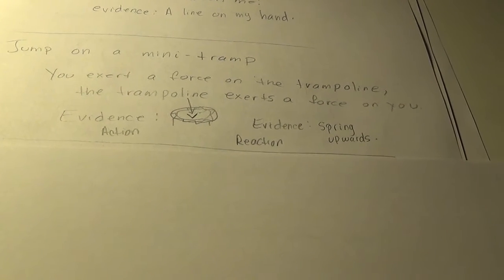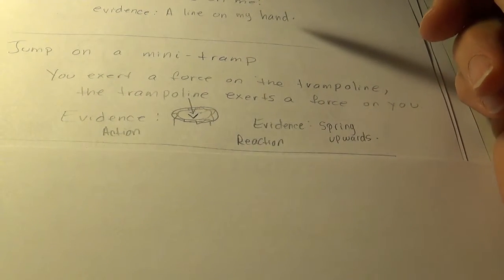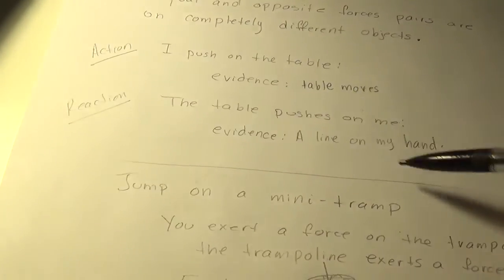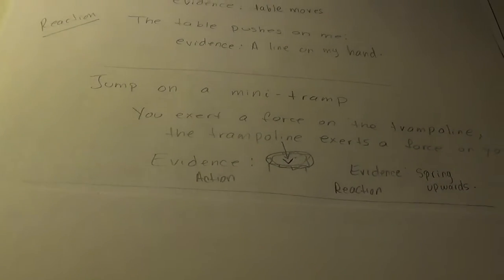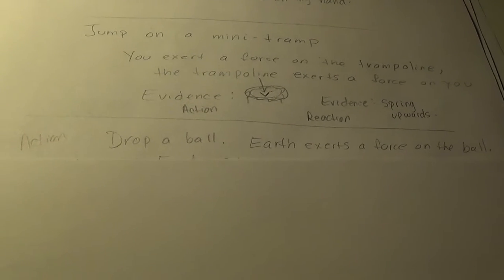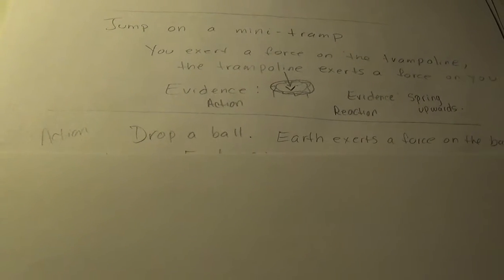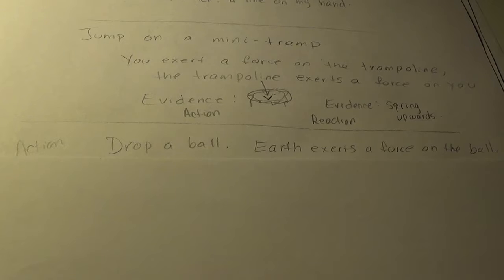Pushing on the table and jumping on a trampoline are contact forces. There are some forces out there which do operate but without contact. So let's talk about one of those. Suppose the action is I drop a ball.